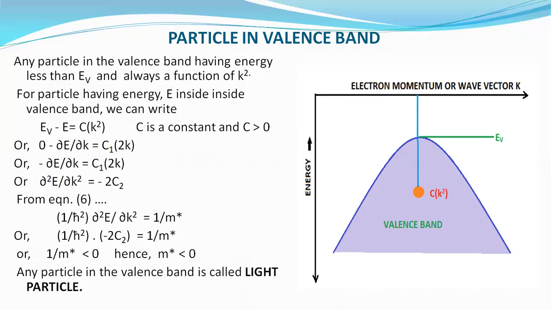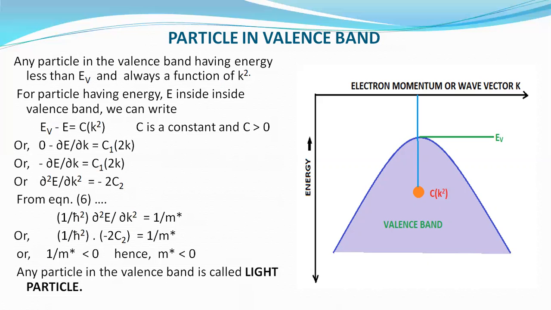If a particle lies inside the valence band, what happens? As I said earlier, energy is a function of k square. So any particle lying at some other point C here is also a function of k square. So we can write a similar equation: EV minus E, where E is some haphazard energy of the electron inside the valence band.